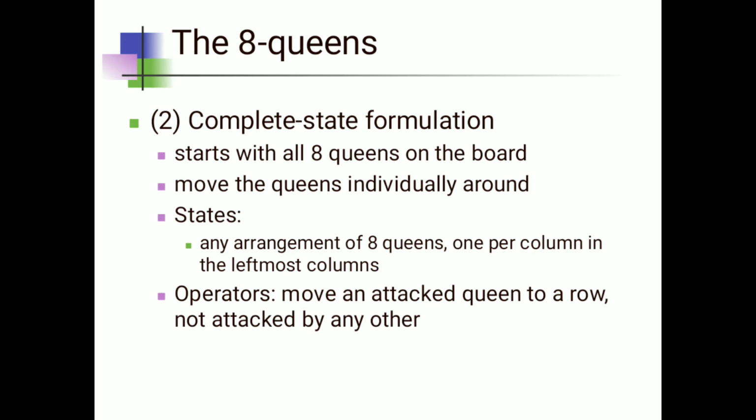So in the first problem we start by placing one queen, then a second, then a third queen in position. In the second type of solution, we start with all 8 queens present on the board, then move the queens individually so that there will be no attack.